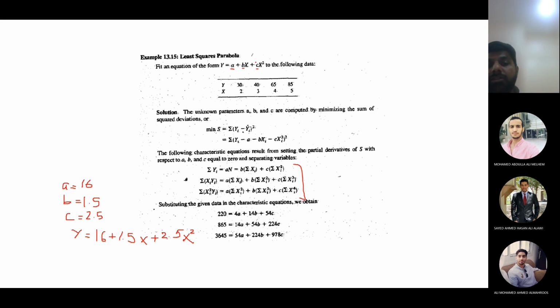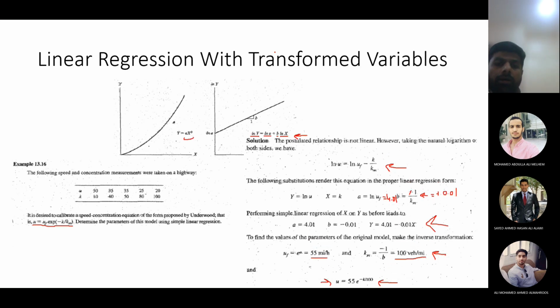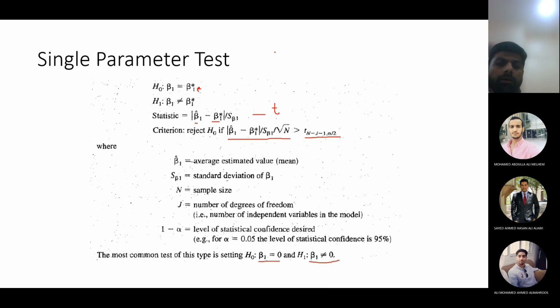If any of them is equal to 0, then that term will become 0. The T statistic is usually applied to check whether one particular parameter in the model is equal to 0 or not, statistically.